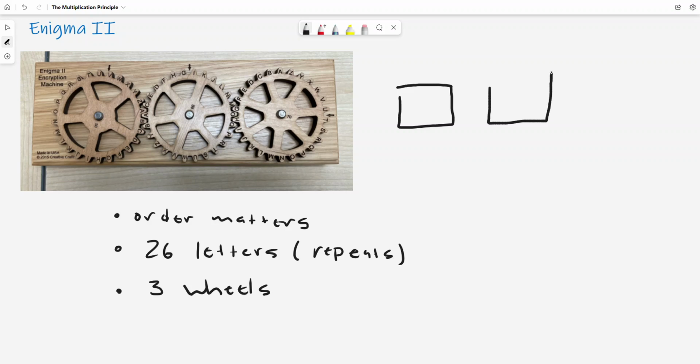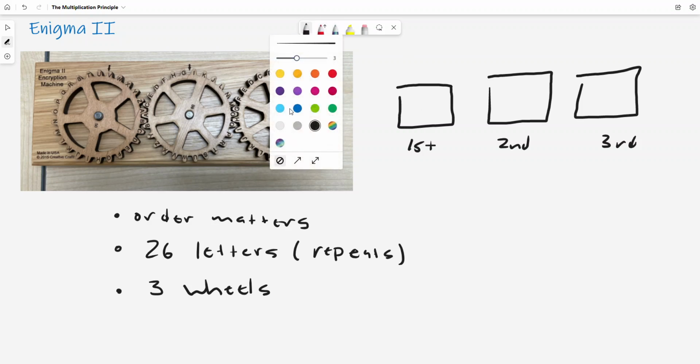If we create a 3-letter key, then we could think of these as different spaces. So here's the first, here's the second, and then here's the third. Let's say that we choose a letter first, so we have 26, right?